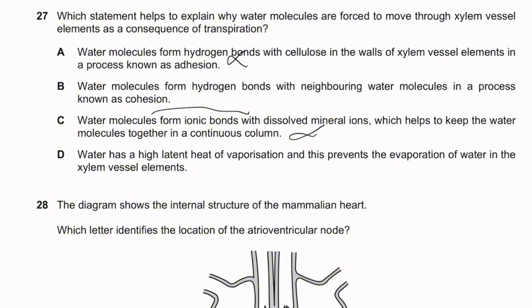The reason they're moving as a continuous column is because of the hydrostatic pressure gradient and the water potential gradient. Maybe we could choose option B for this, but definitely not option C. Water has a high latent heat of vaporization, and this prevents the evaporation of water in the xylem vessel elements.